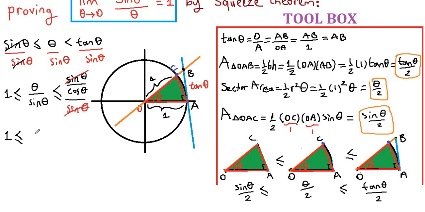So 1 is less than or equal to theta over sine theta, which is less than or equal to cosine theta. If we flip the fraction, 1 over 1 is still 1, and the inequality changes: sine theta over theta is greater than or equal to 1 over cosine theta.